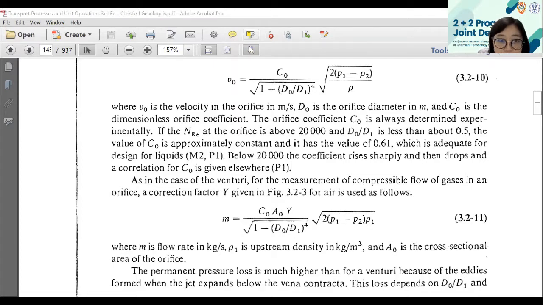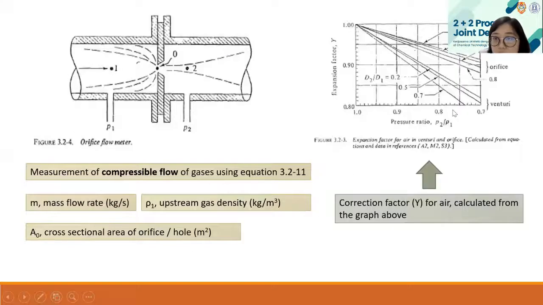The Y factor is similar to what we have learned in Venturi. But since this is for orifice, you use the one on the upper part of the chart. For Venturi it is the one in the bottom, for orifice it is the one on the top here.